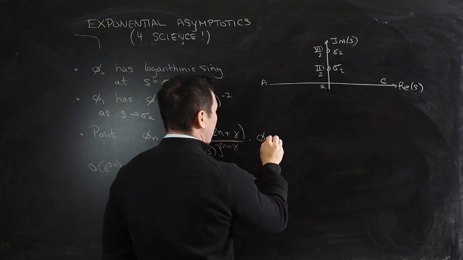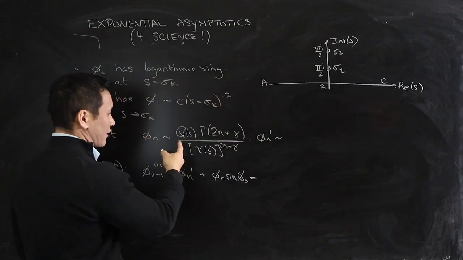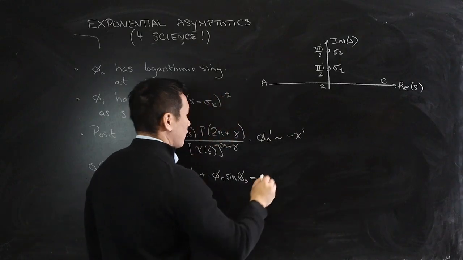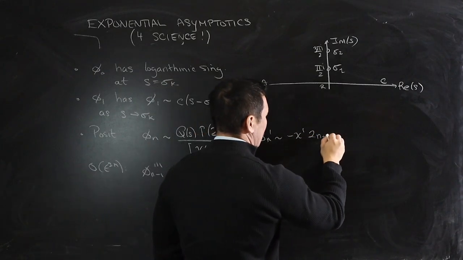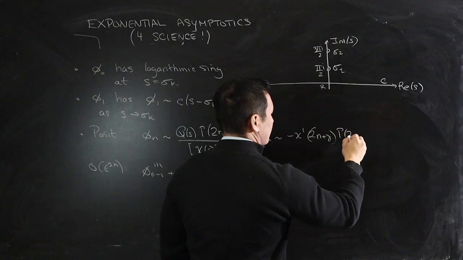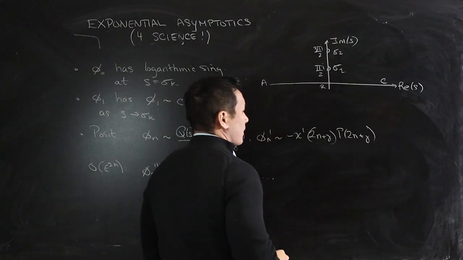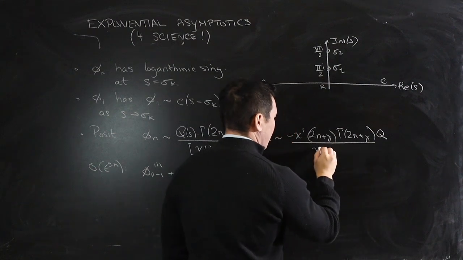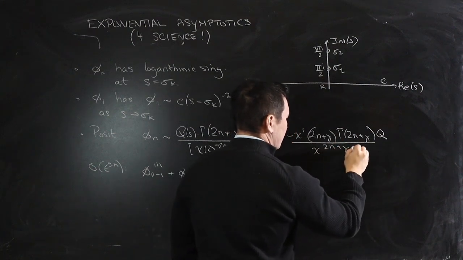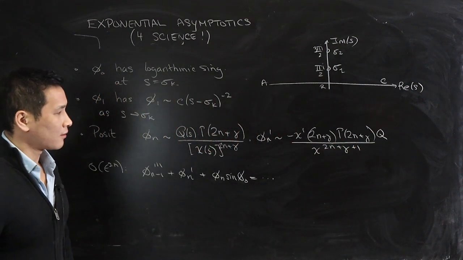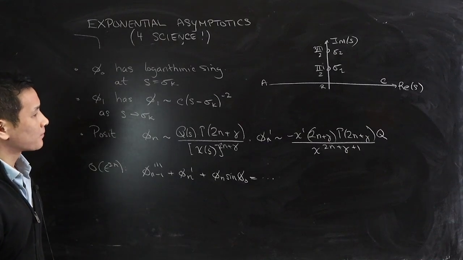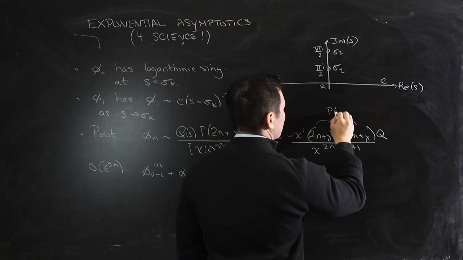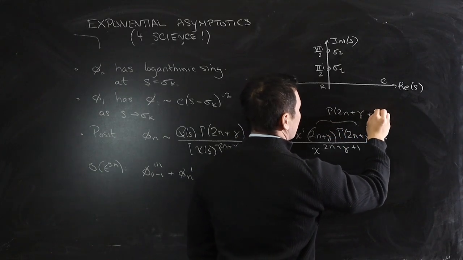If I take phi n prime here, I'm going to have a minus chi prime, times 2n plus gamma, times a gamma function of 2n plus gamma, times q over chi to the 2n plus gamma plus 1. This is equivalent to gamma function of 2n plus gamma plus 1.